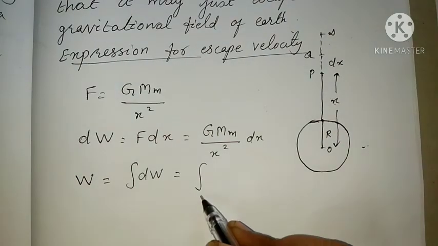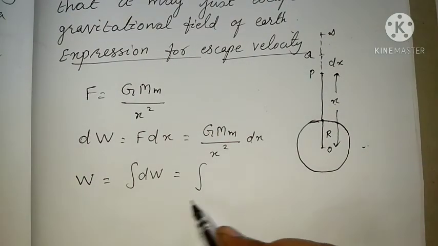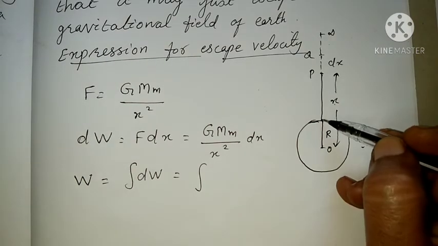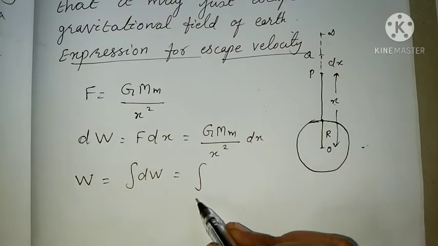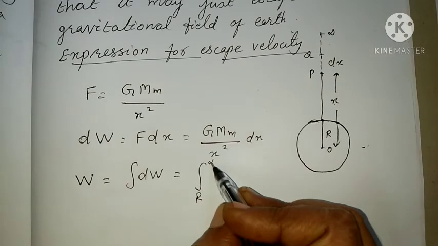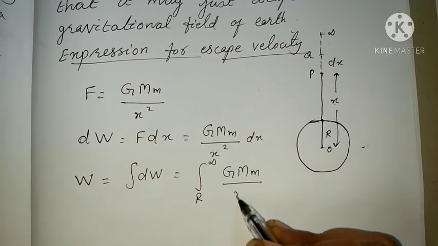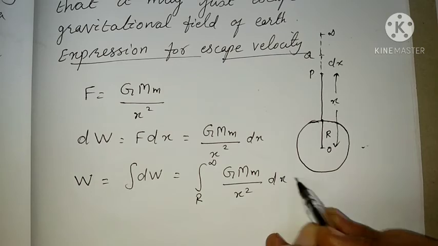This is the same as when you derive the gravitational potential energy, but there is one small change. Here the body is brought from the surface to infinity, so capital R to infinity of GMm divided by x square into dx.